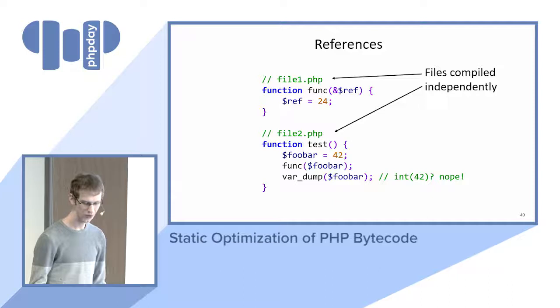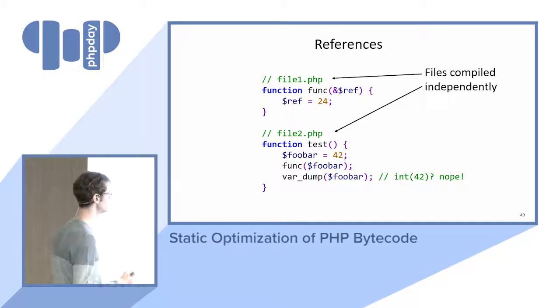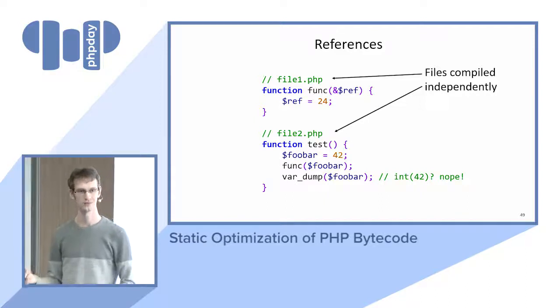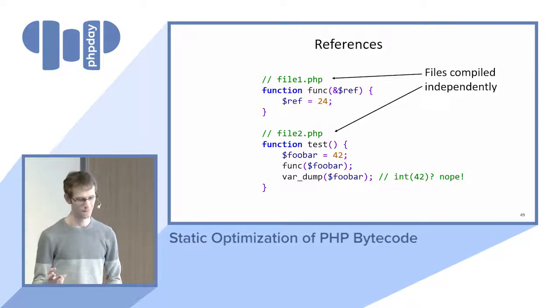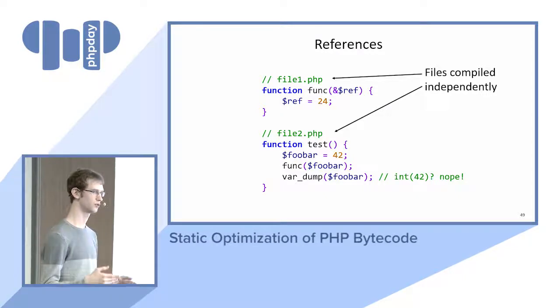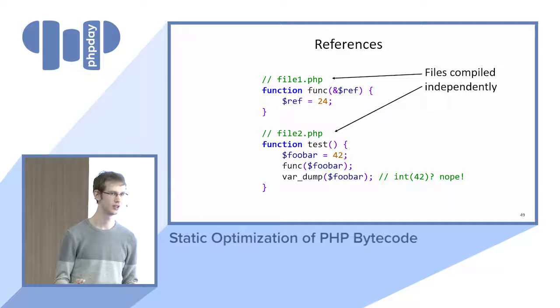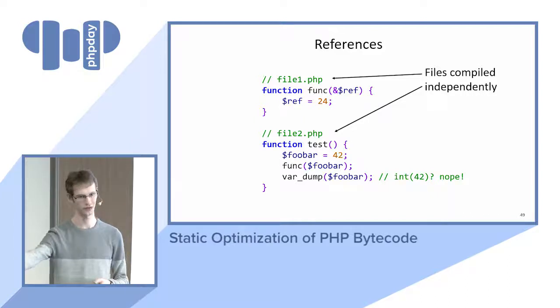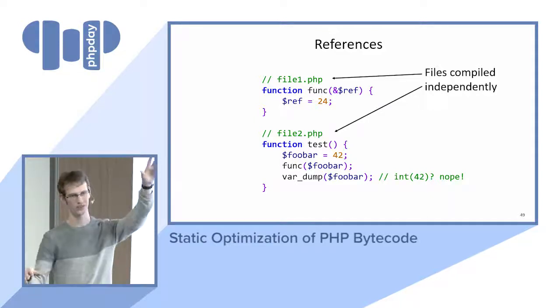The reason why we have this restriction that all files are handled separately is related to the opcode cache. Because if we don't treat them independently, then we have some kind of dependency. We would have to track in the opcode cache that the compilation of file 2 that is stored in the cache can only be used if file 1 has been loaded beforehand.